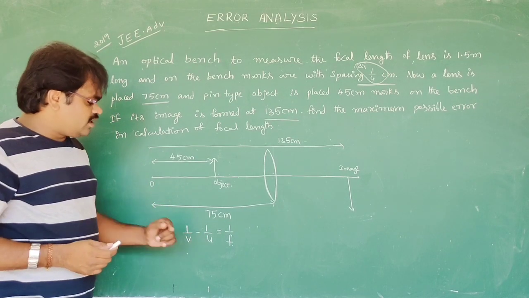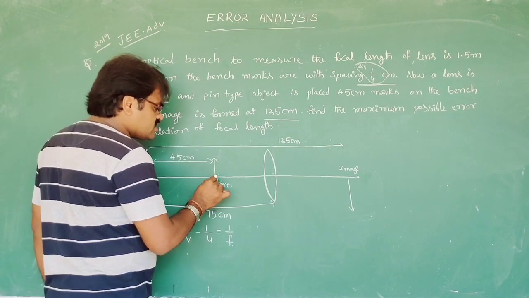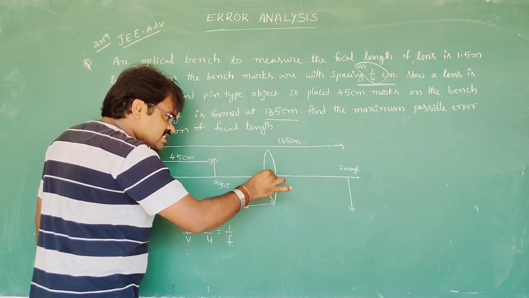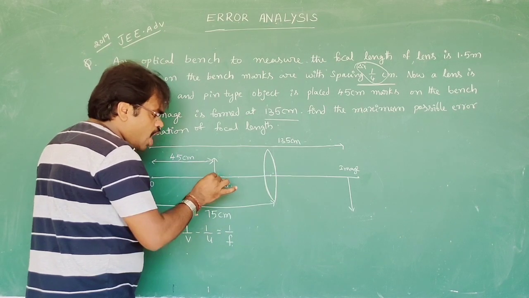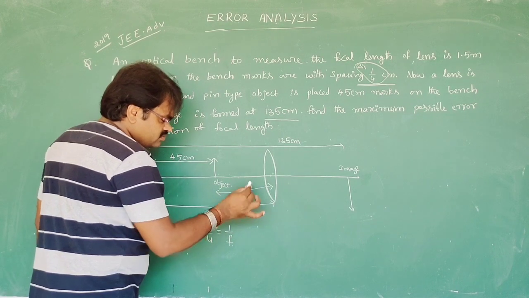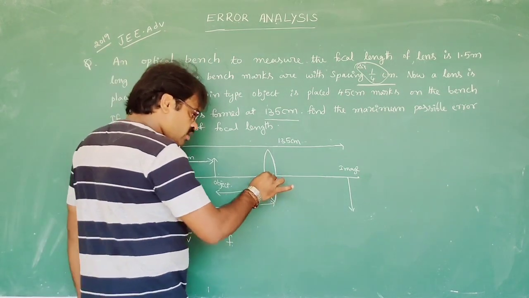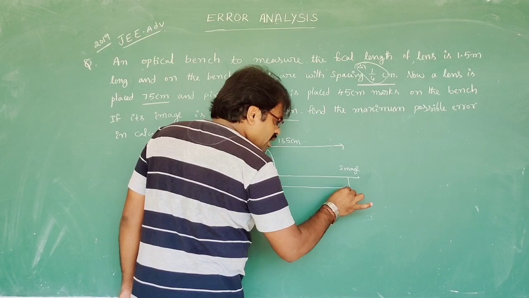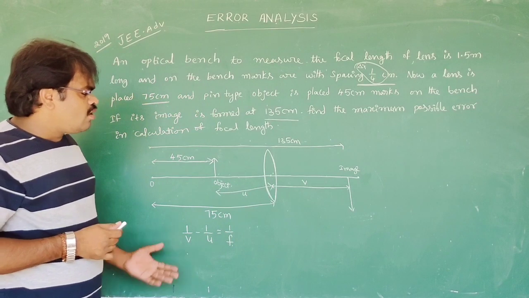Now we are finding the object and image distances. First, the object distance. The object distance is measured from the center or pole of the lens to the object. The image distance is from the center or pole of the lens to the image. What are the values?